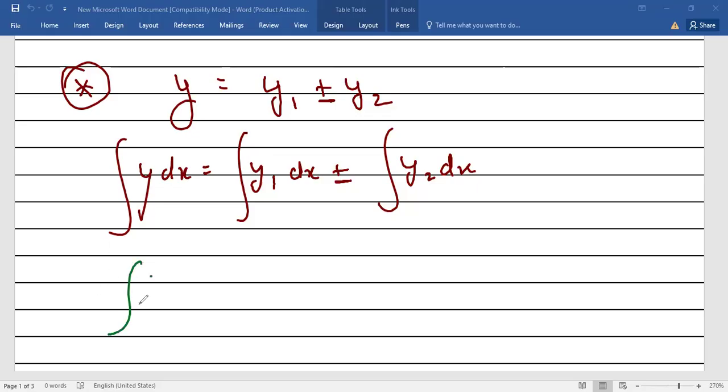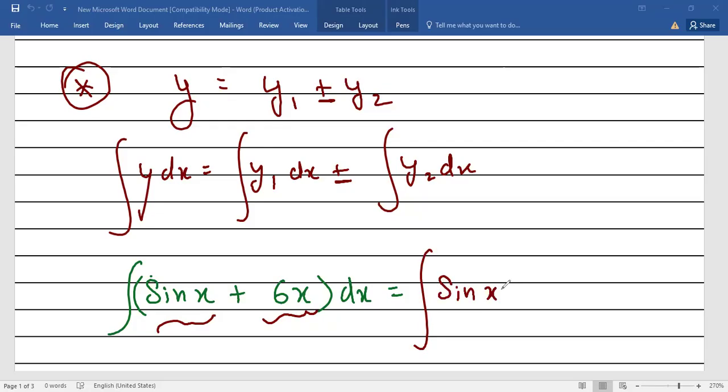For example, if I ask you the integration of sine x plus 6x dx, what will this be? Now we can see that this is a sum of two different functions, sine x and 6x. So it means that we will do them separately. So integration of sine x dx plus integration of 6x dx.